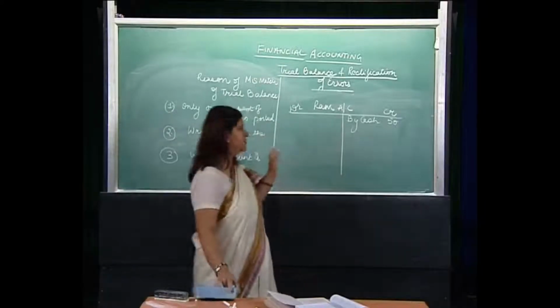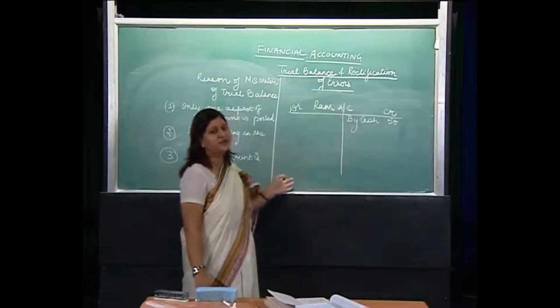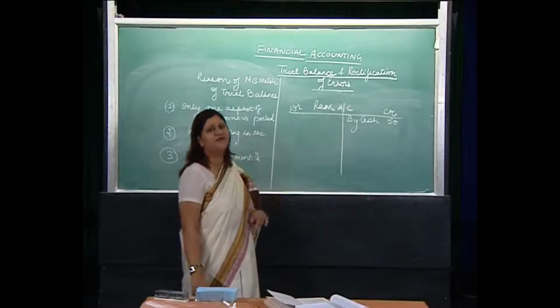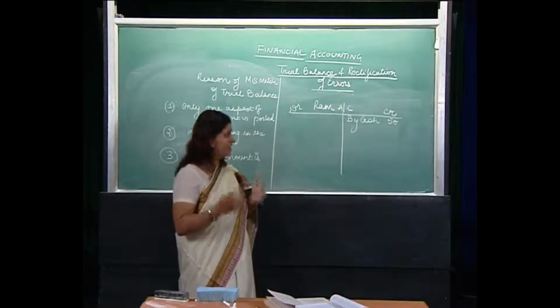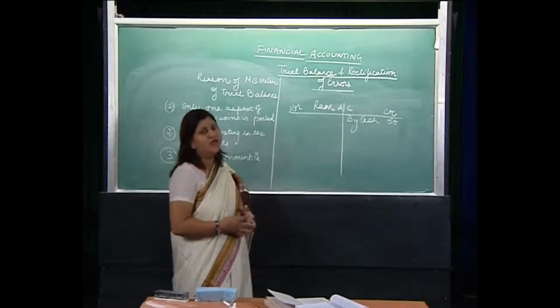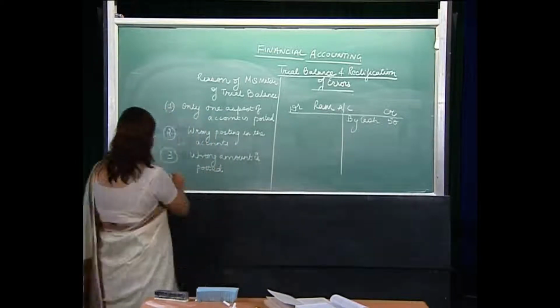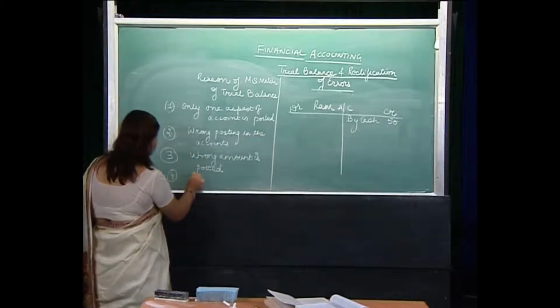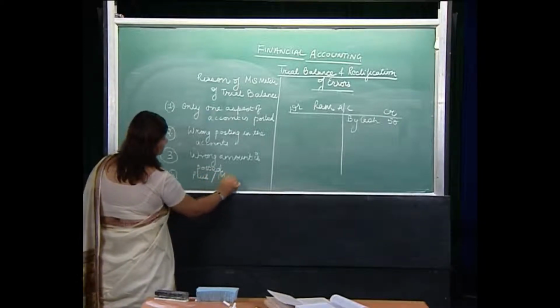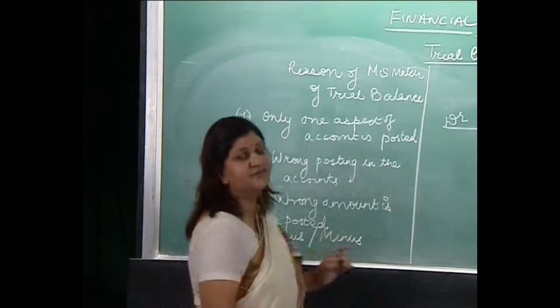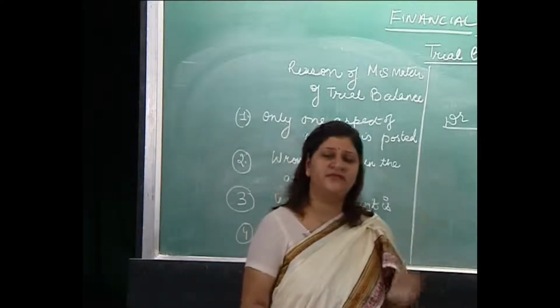The book's original entry was written as 500, but while doing the posting, we have made this incorrect posting. So the error could be such also. Another mistake is the plus minus error. While doing the balancing of the account, we have made certain errors.